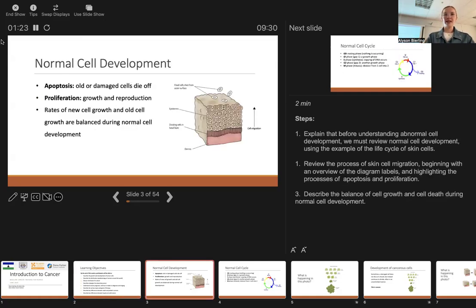Okay. So before we talk about the development of cancer, we're going to go back to biology class and talk about the development of normal cells, okay? So in this example here, we have a skin cell. You can see on the bottom, we have the dermis, and then in the basal layer, we have dividing cells.